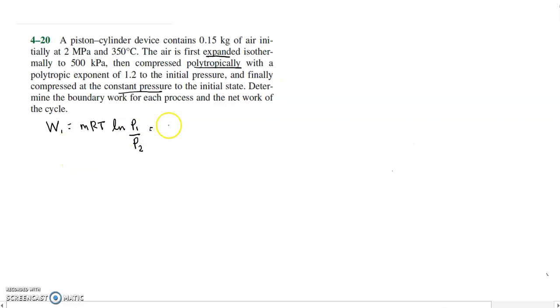Okay, so your M is 0.15. Your R for air is 0.287. Temperature must be in Kelvin, so 350 plus 273, you will get 623 Kelvin.